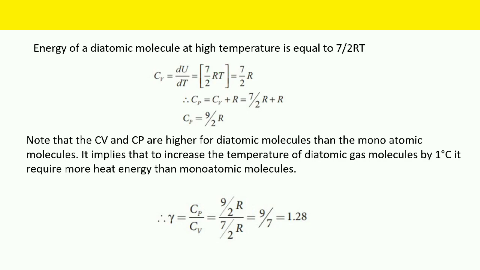So dT upon dT will cancel and we only get 7 by 2 R. Again from Mayer's relation, Cp is equal to Cv plus R. Cv is 7 by 2 R plus R. We will solve taking LCM, so 9 by 2 R. So if you are defining gamma, Cp upon Cv, 9 by 2 R divided by 7 by 2 R. So we are getting 9 by 7, that is 1.28.